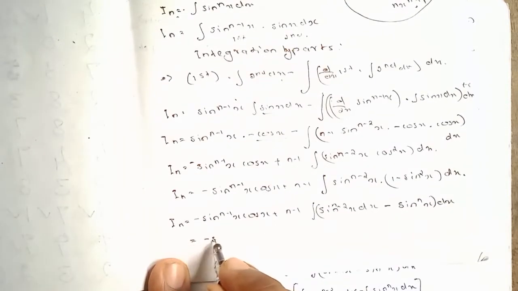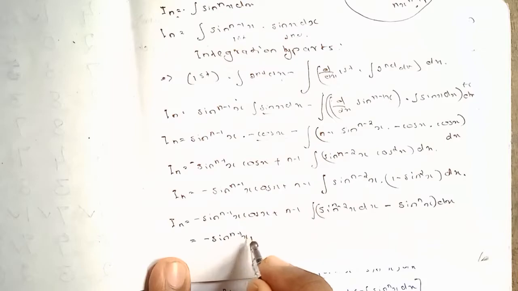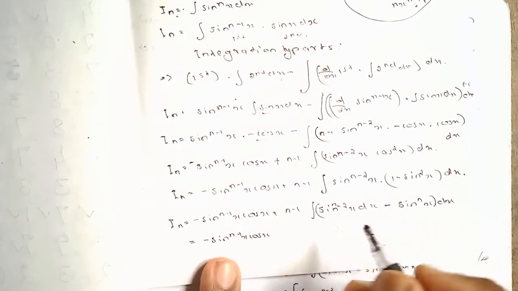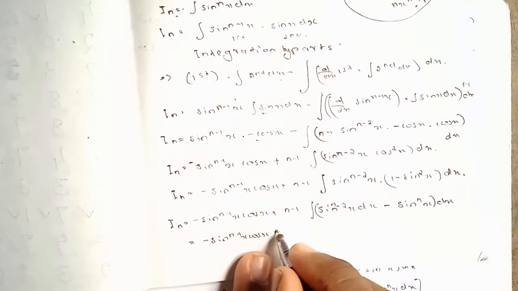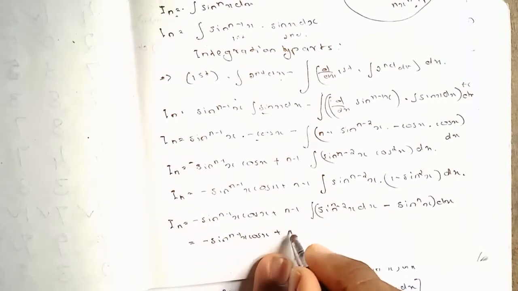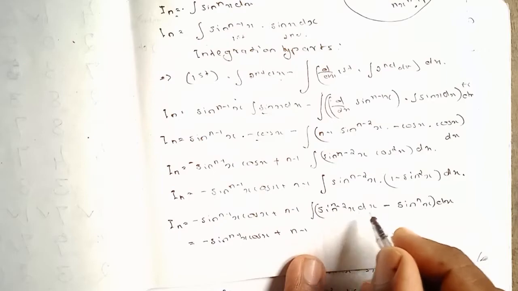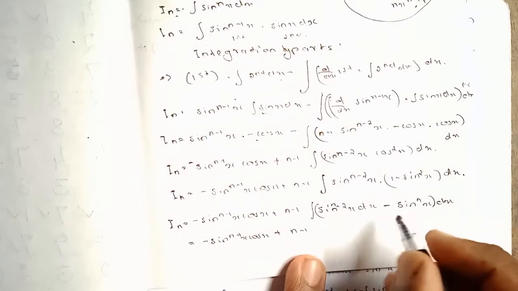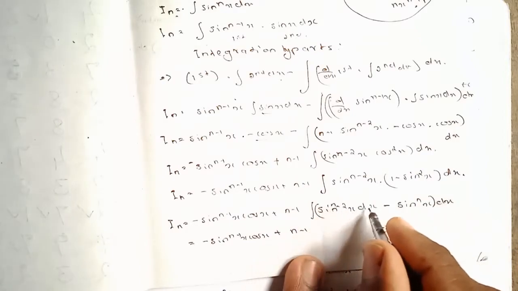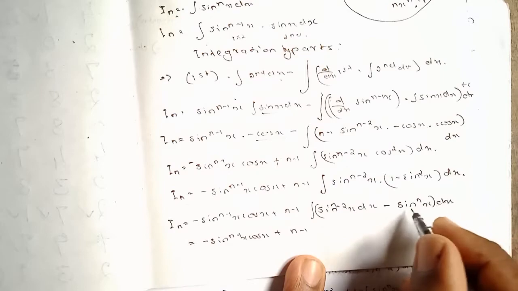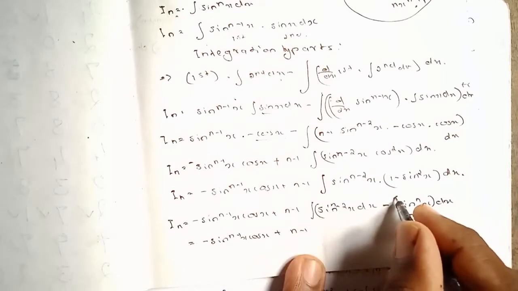After that we want to write sin^(n-1) x cos x; there is no change in this term in each step. So in the next step, n minus 1 into the integral of sin^(n-2) x dx minus the integral of sin^n x dx. We put this as separate integrals.